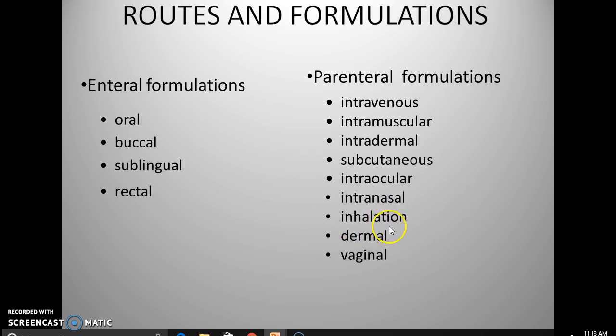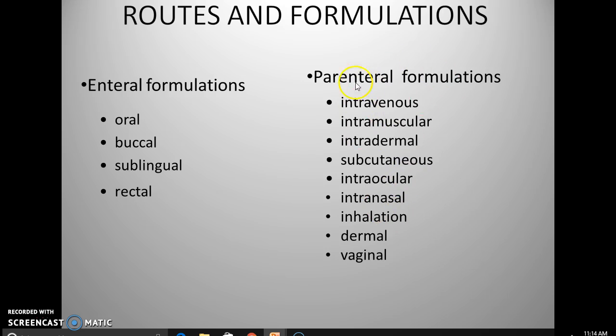Inhalation, which is into the mouth to go to the lungs. You may have a different type of dosage form. Some of the dosage forms that are associated with inhalation include solutions, aerosols, powders.